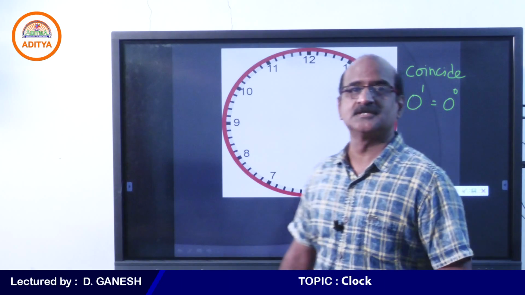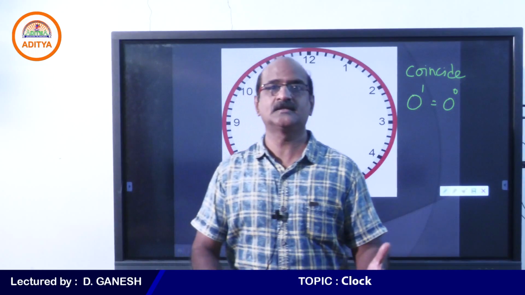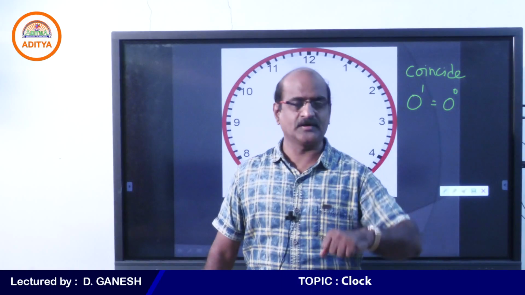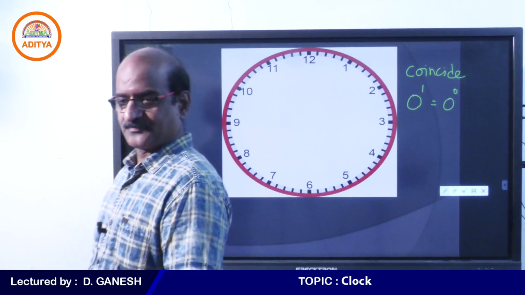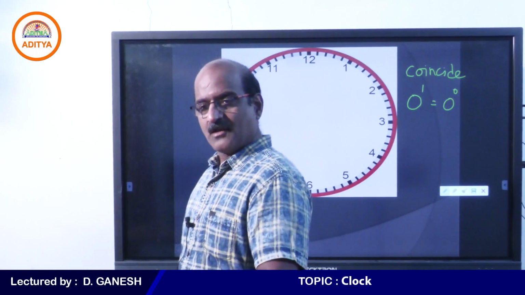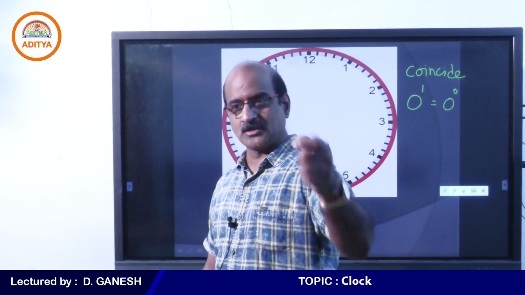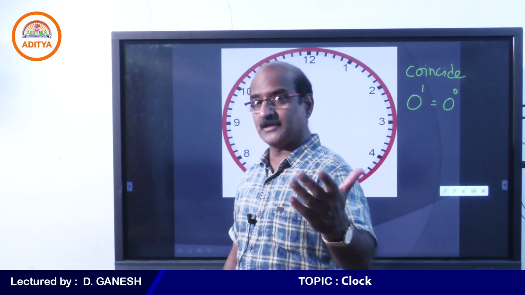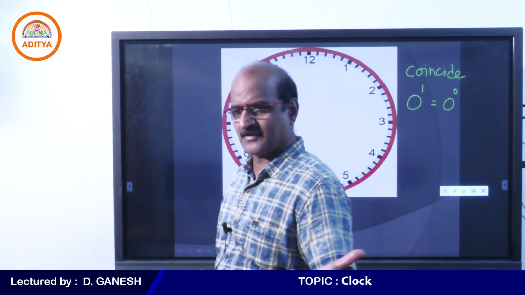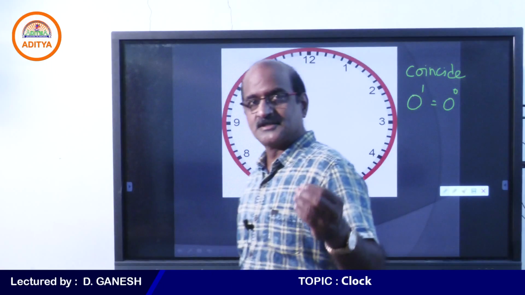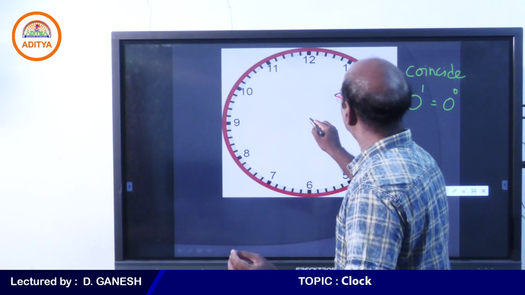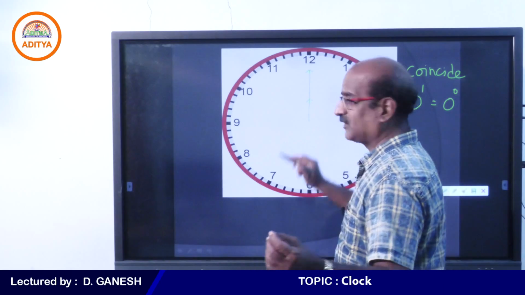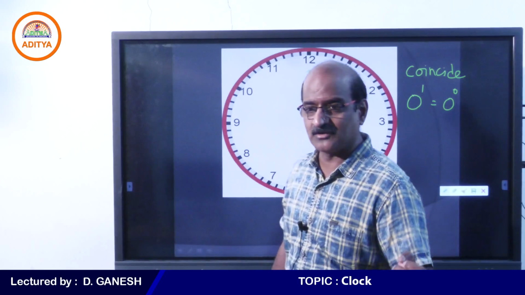My dear students, when you happen to see the coincidence on the face of the clock, at what time? You happen to see the coincidence when the time is exactly 12. When the time is 12, you see both the hands absolutely coincident.